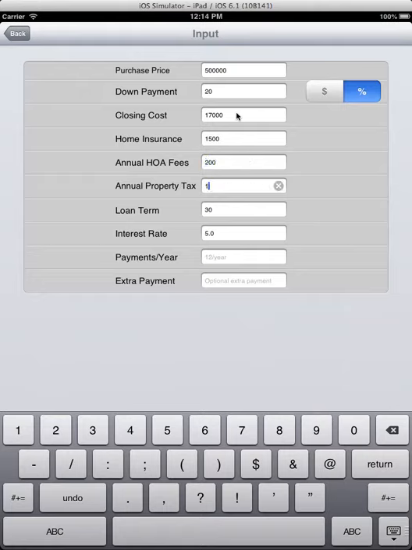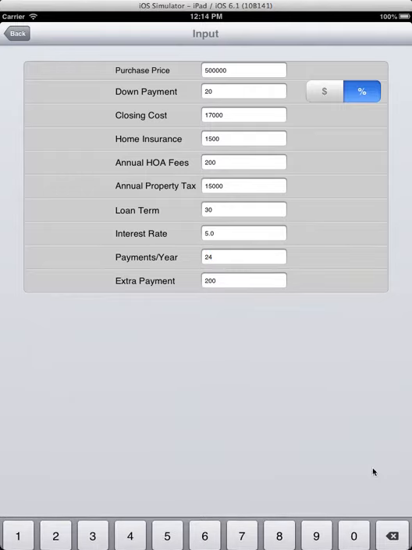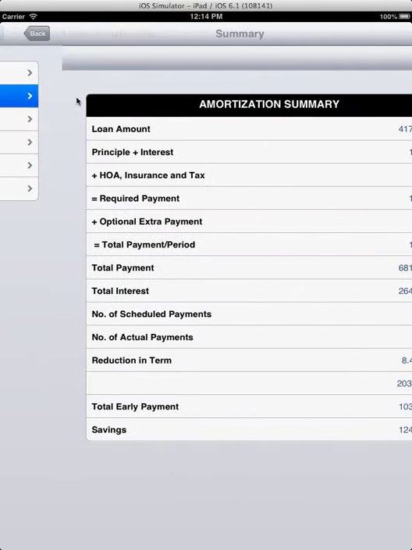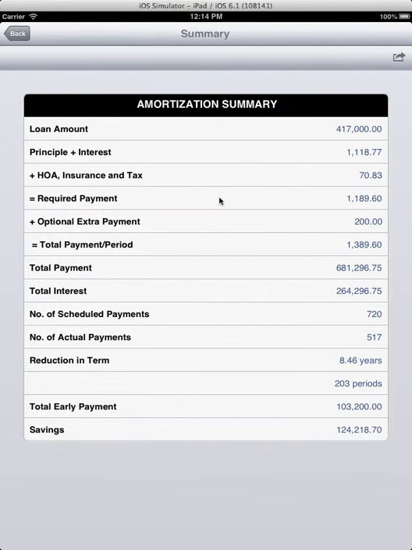Annual property tax is 15,000, and loan term is 30 years. And we are paying twice a month, and we are making a $200 extra payment. Okay, here's the input, and then here's the summary. So it shows the loan amount, principal, interest, total interest, and reduction in years, savings, etc.